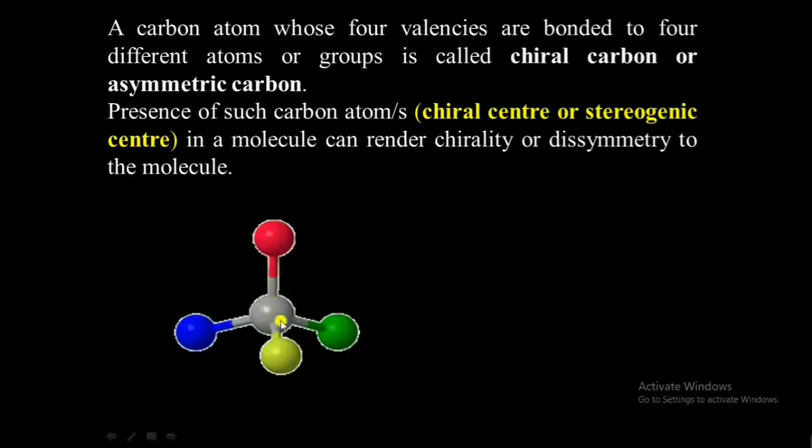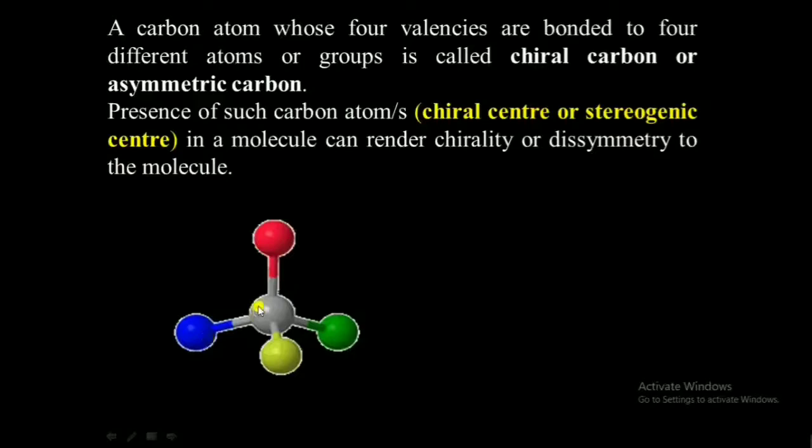Here, this gray colored ball is the carbon atom, and I have shown the other 4 atoms or groups attached to this carbon atom. Definitely this is tetrahedral in shape, because if all 4 valencies are satisfied by different groups, that carbon atom is in sp3 hybridization. So this is the red one atom or group, green one a different atom, yellow the third one, and blue the fourth one.